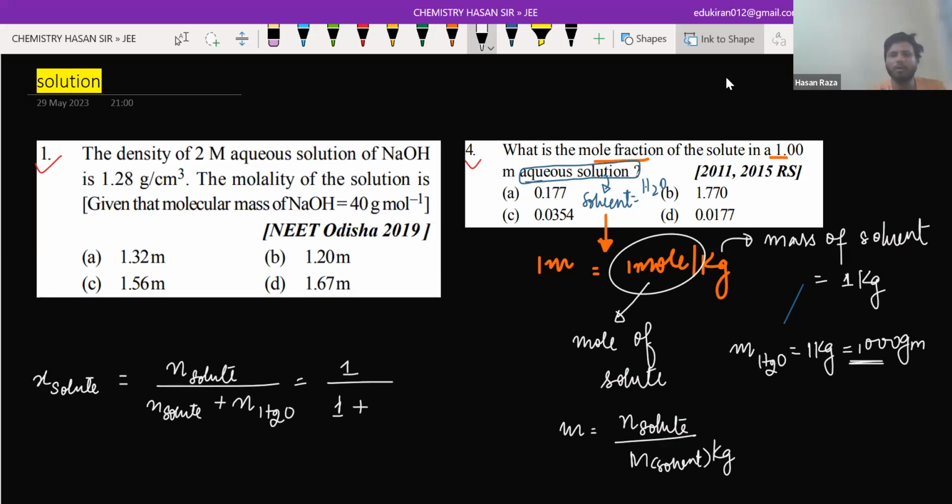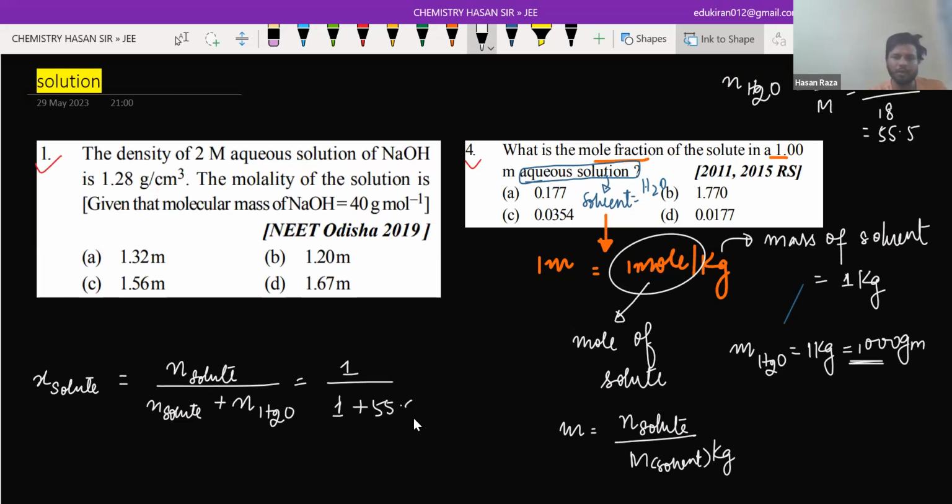And how do you calculate the number of moles of solvent, that is water? Given mass upon molar mass. Given mass of water is 1000 gram and molar mass is 18, so it will be 55.5.